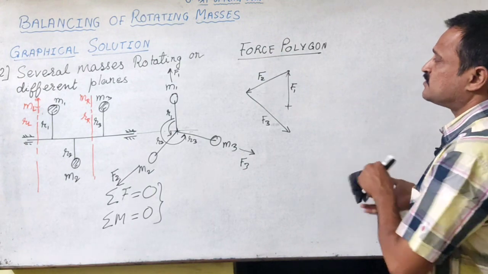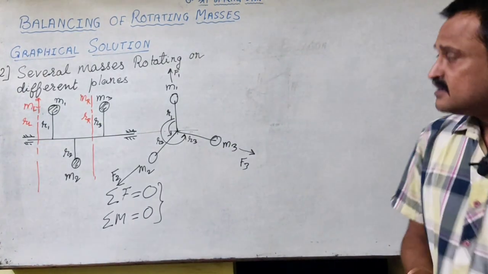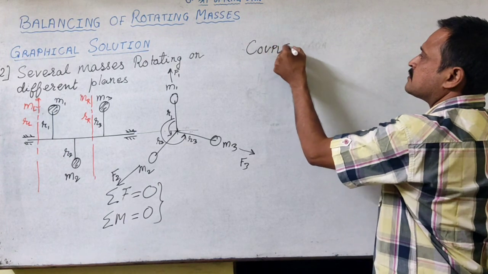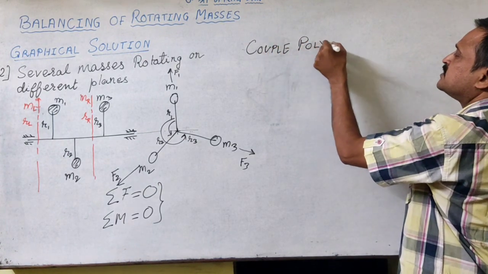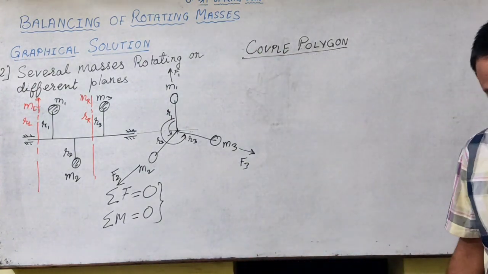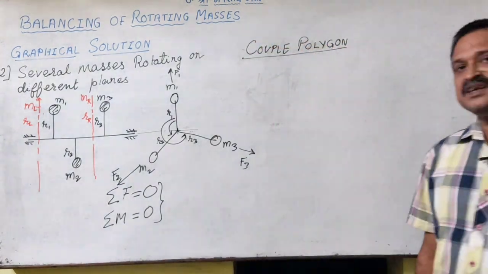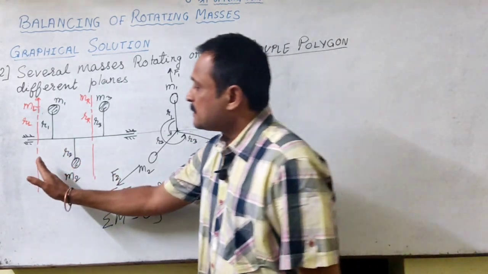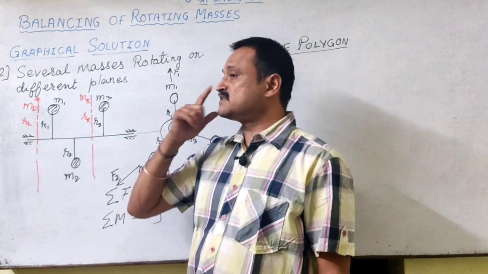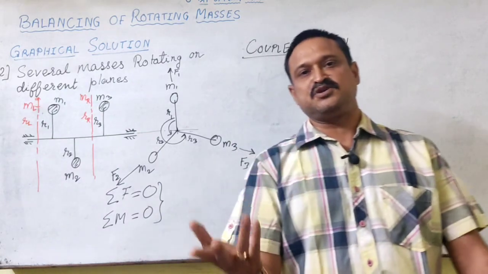So instead of going for the force polygon first, we will go for the couple polygon or the moment polygon, which is going to give us partially the solution, and then the force polygon can be completed. So here now, first we will have to select one of the balancing unknown mass planes to be the reference, so that the moment due to that unknown mass is 0.